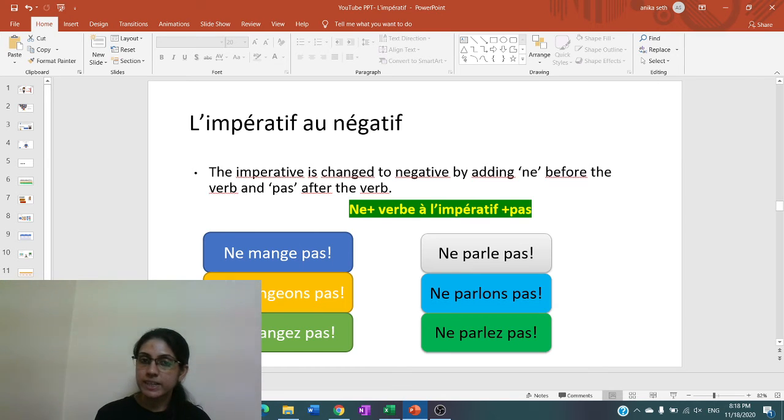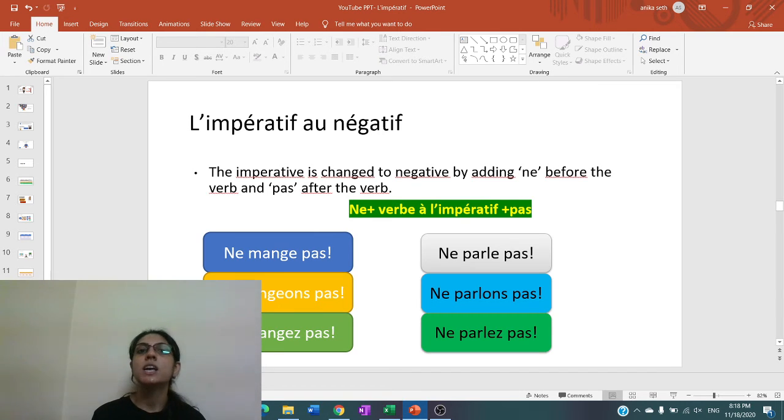The structure remains the same as we have done the negation with regular sentences. That is, we place ne before the verb and we place pas after the verb. So this becomes ne plus verb plus pas. There are three parts: ne plus verb plus pas. So together this makes the negative form of the imperative.